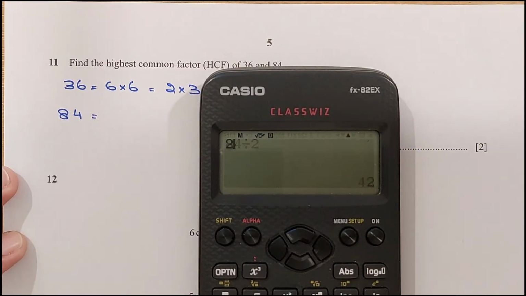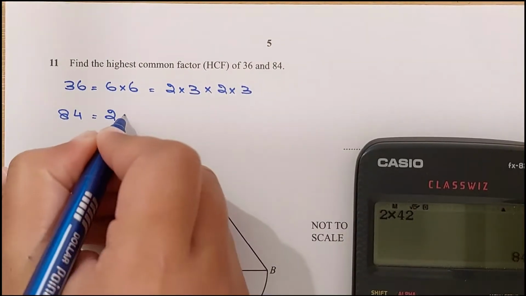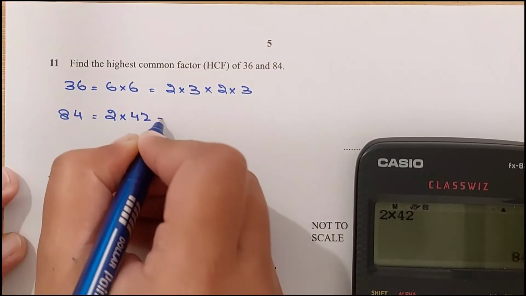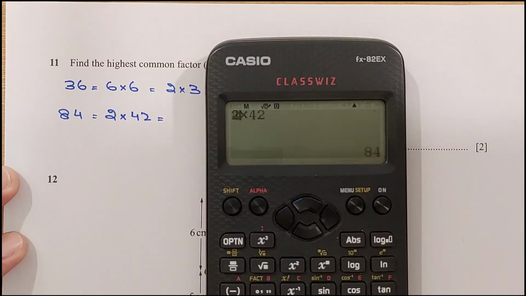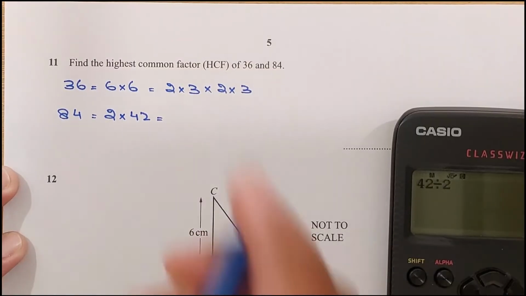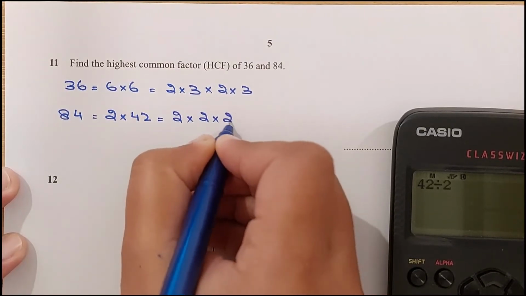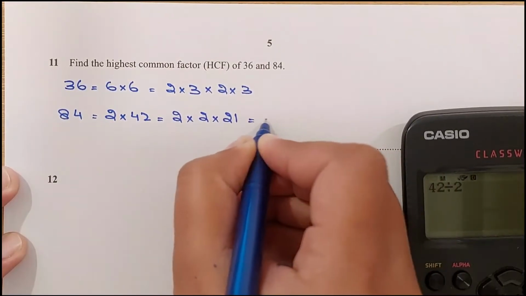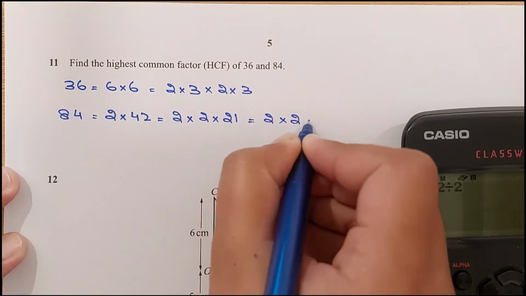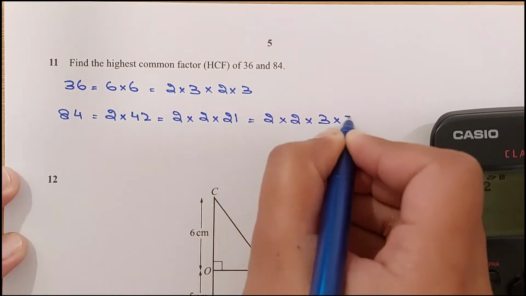So 2 times 42 is 84. 2 is a prime number, 42 is not a prime number. Let me factorize 42. 42 divided by 2 is 2 times 21. Again factorize 21. 21 is 3 times 7.